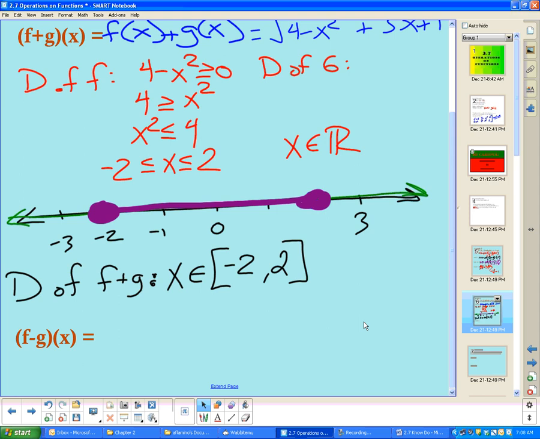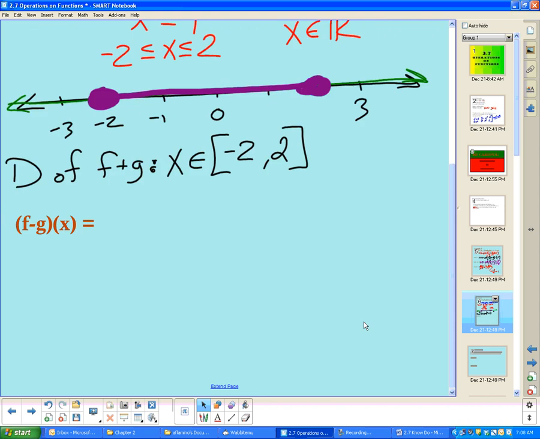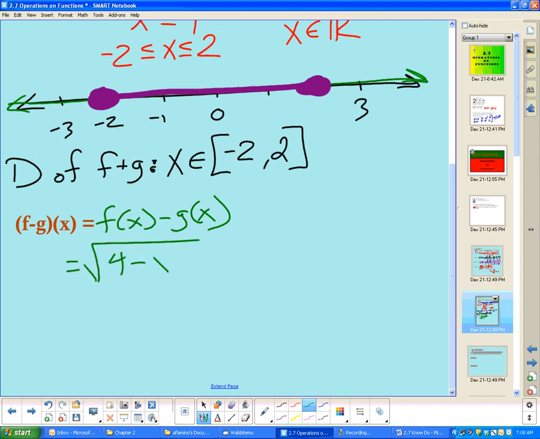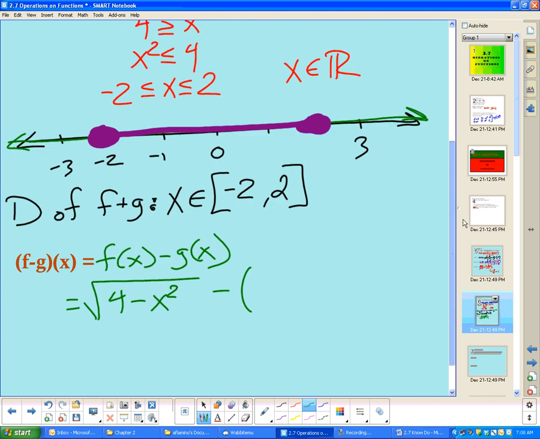That is then, we're done for that. For the next piece, f minus g of x, once again, similar to what I had before, I cannot put in a value there. So the best I can do is apply the definition and say, well, my f of x is the square root of 4 minus x squared minus, now here's where I have to be careful, since I'm subtracting all of g of x, as I recall, was 3x plus 1.